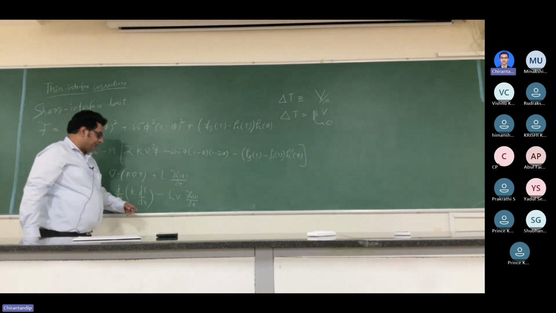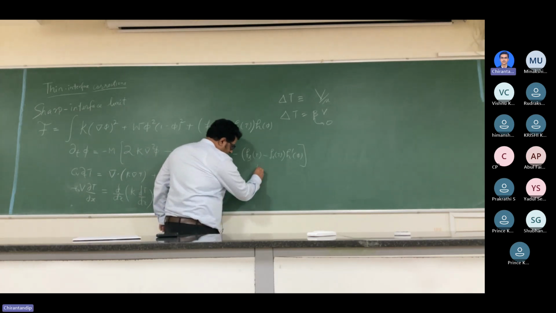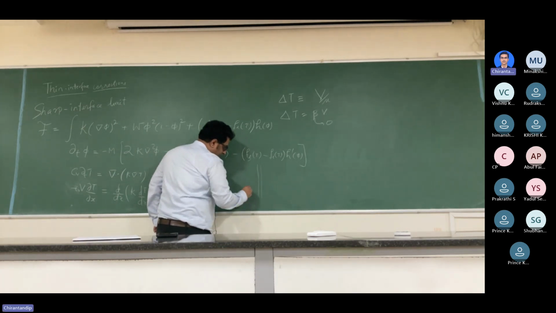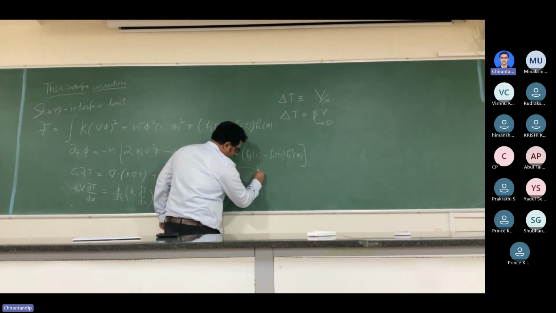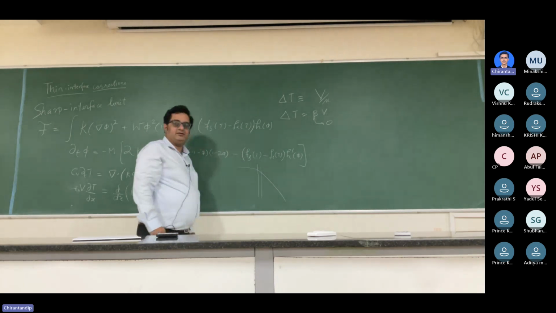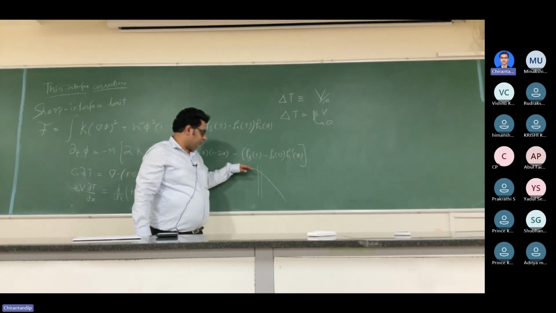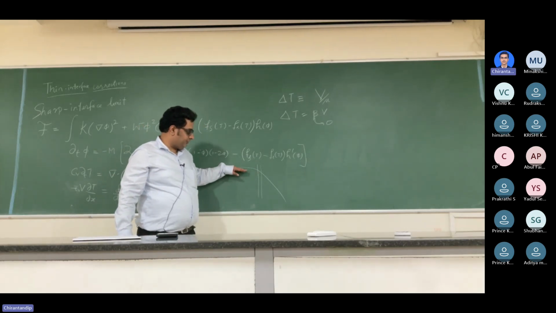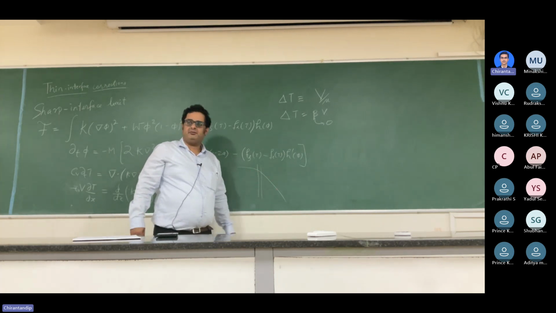Now, as I described yesterday, a typical temperature profile across the interface, if you are driving into an undercooled liquid, has a form like this. Something like this, where the temperature is relatively uniform in the solid because you are in a steady state, and you have the gradient in the liquid.